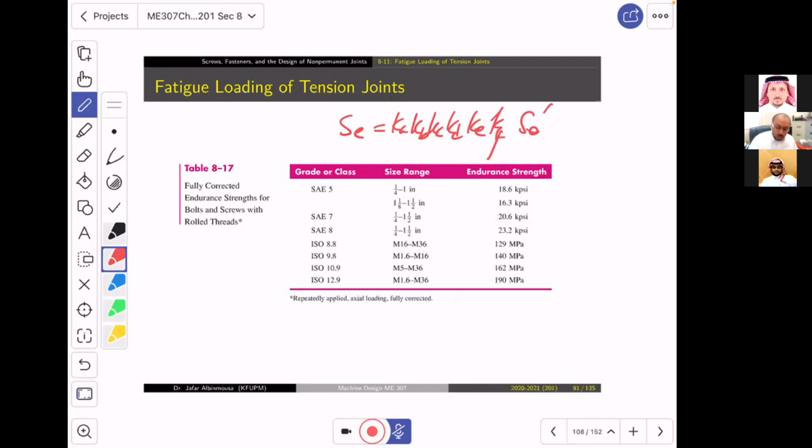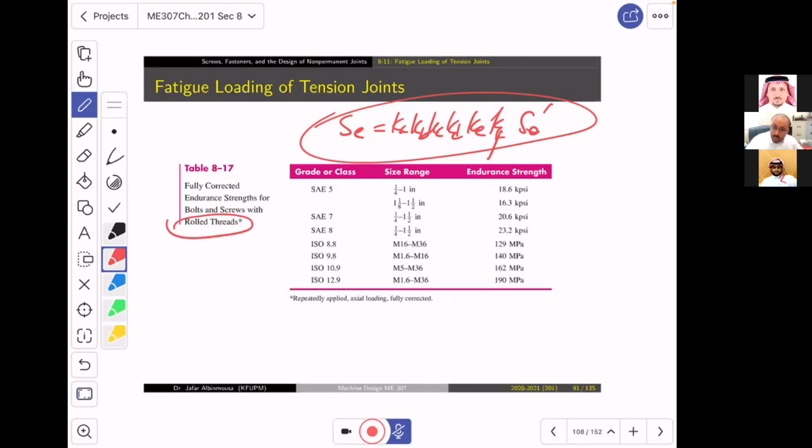Somebody did all of this. They estimated the actual endurance limit experimentally. And these values are provided for what, ya shabab? Roll threads. Roll threads. Now, roll thread, we're going to talk about them with respect to cut thread.